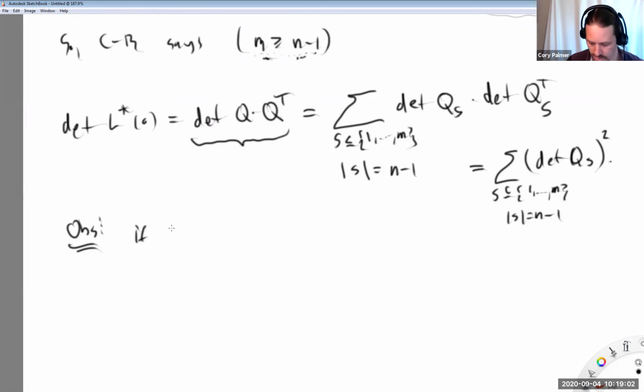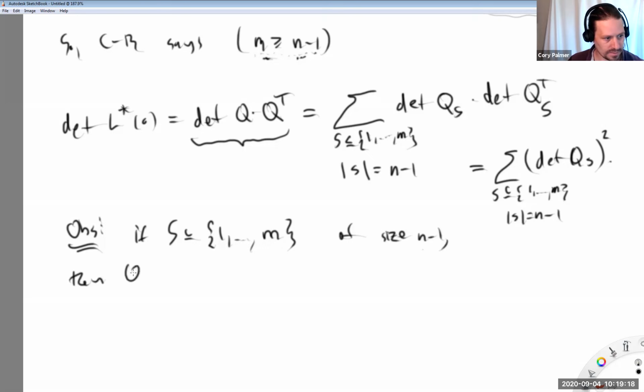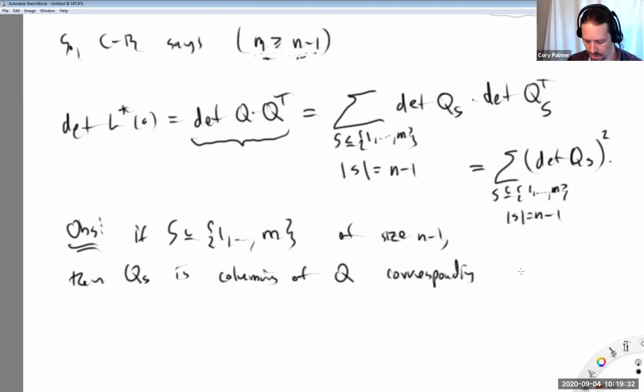I'm going to abuse notation a little bit, but if S is as described in the statement, so it's a subset of m of size n minus 1, then Q_S is the columns of Q corresponding to a subgraph of G with n minus 1 edges.